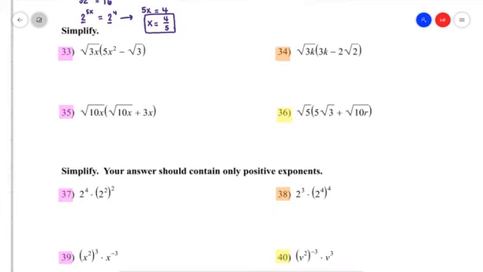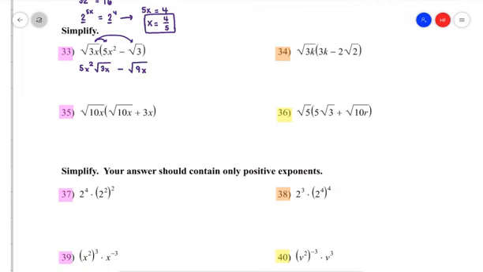Then on the next section, we are multiplying, but now we've got something that is distributing, and it has a radical on it. So we take outside numbers with outside numbers, and since we don't have one, it's just going to stay on the outside, and then inside numbers with inside numbers. And so we've got 3 times 3x, which is 9x.